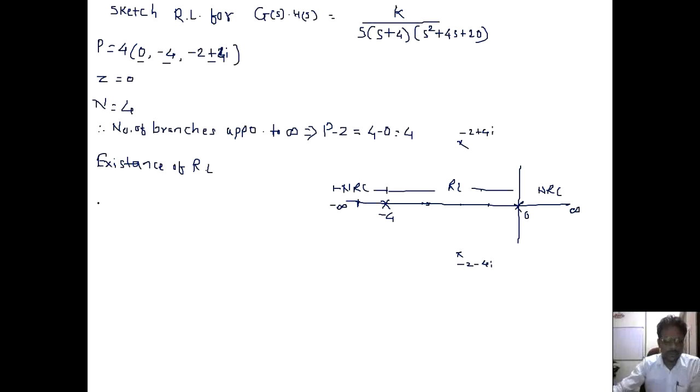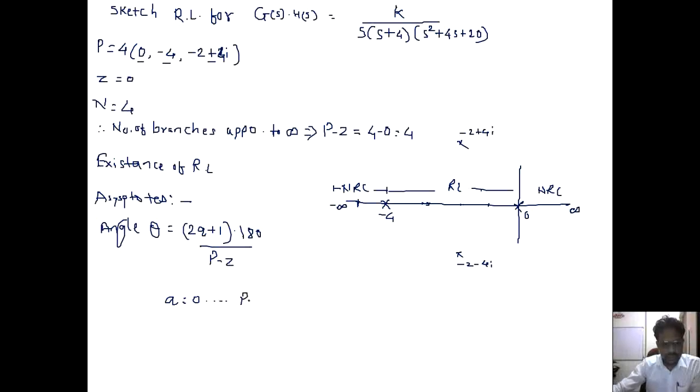First of all, the angle of asymptote, theta, is given by the formula theta = (2q + 1) × 180 / (p - z), where q is 0, 1, 2, 3 up to p - z - 1.